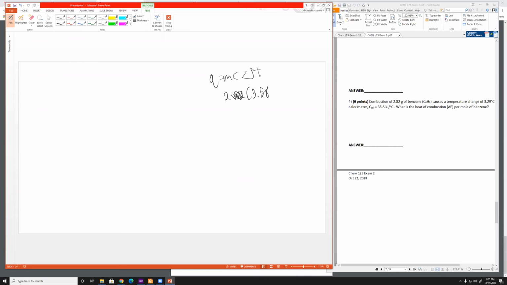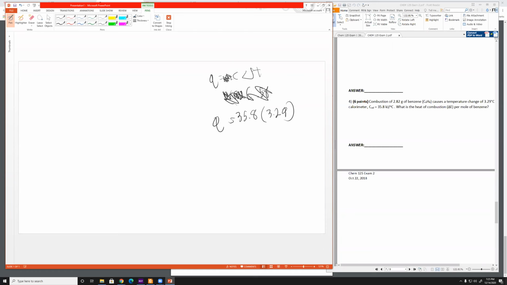Well, we don't even need mass here, because our constant is based on kilojoules per Kelvin or per Celsius. So in this case, it would just be Q equals CΔT. So 35.8 times our temperature change, which is 3.29. This would give us our Q.